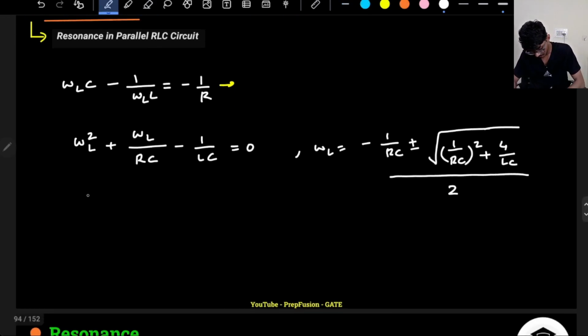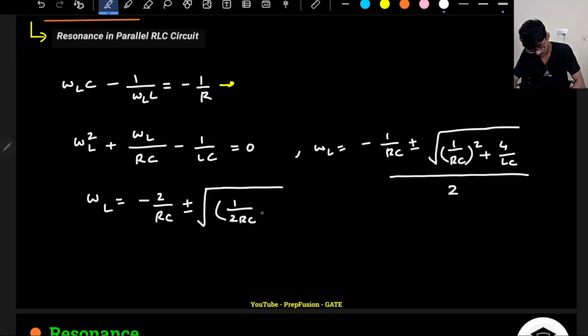So my omega l will be equal to minus 1 by 2RC plus minus whole under root 1 by 2RC whole square plus 1 by LC.